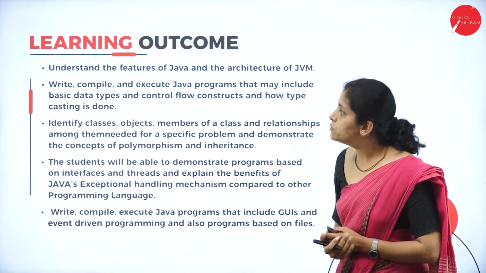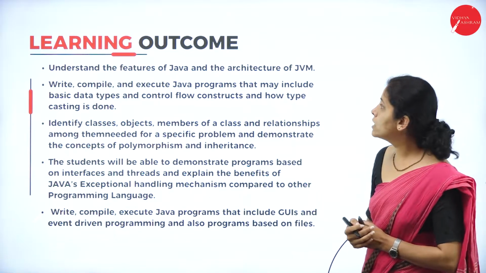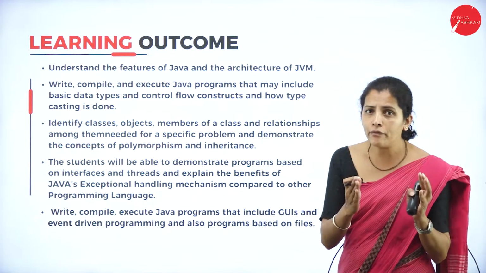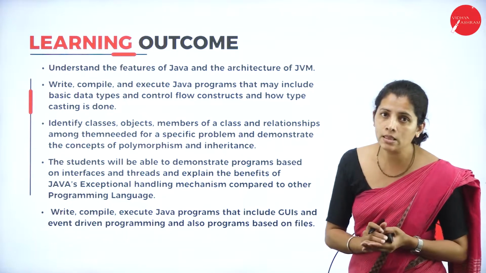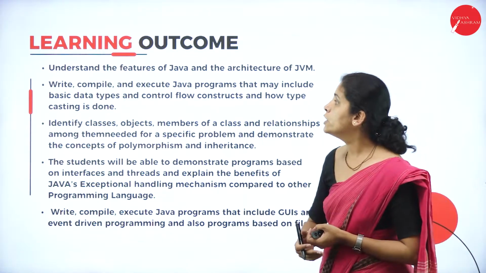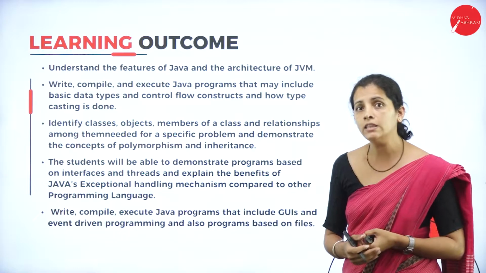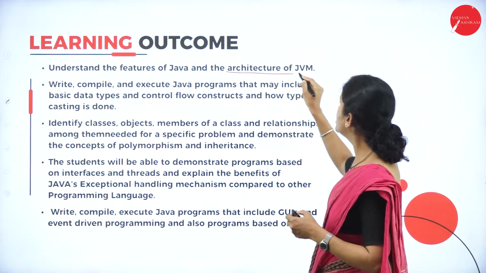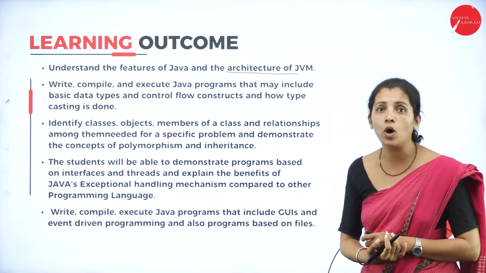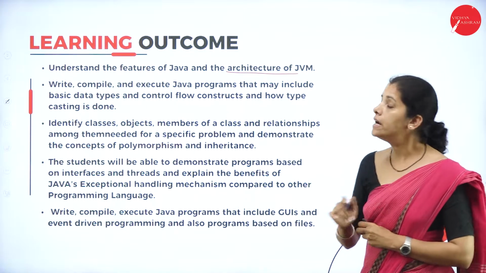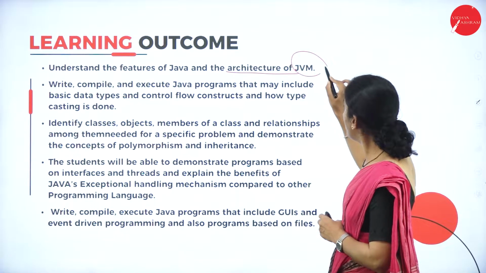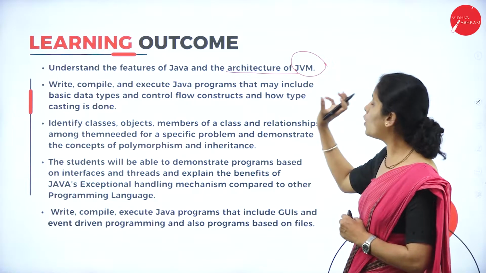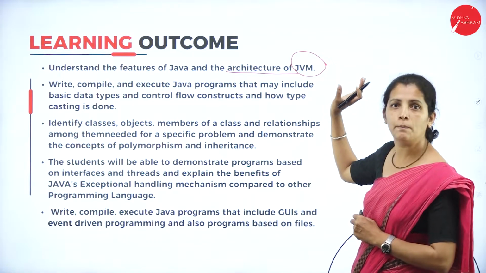Now, let me discuss the learning outcome of this subject. So dear student, if you are thorough with this subject, then you can understand the features of Java along with the architecture of the Java virtual machine. Anyway, dear student, in my concept class, I'm going to discuss what is Java virtual machine.